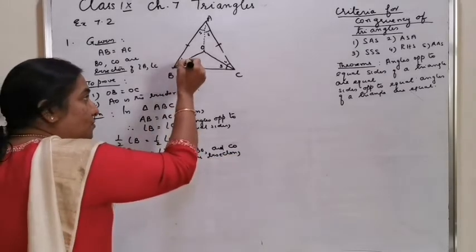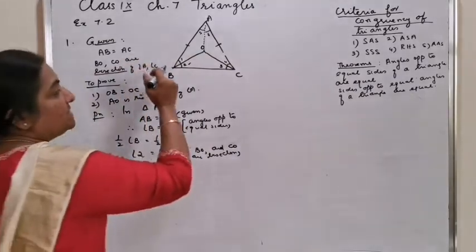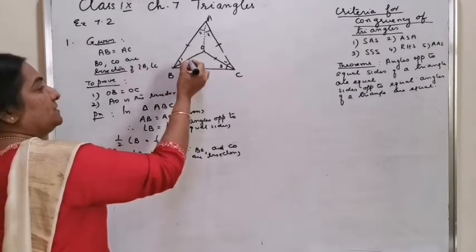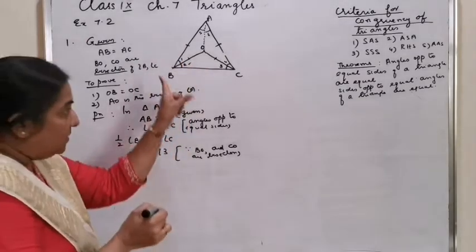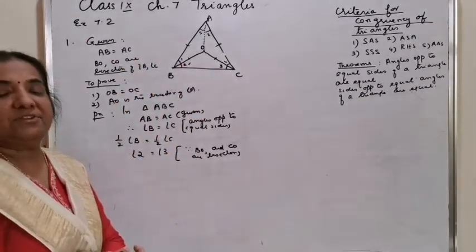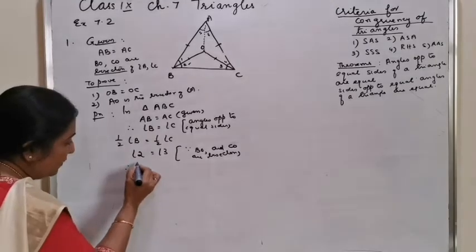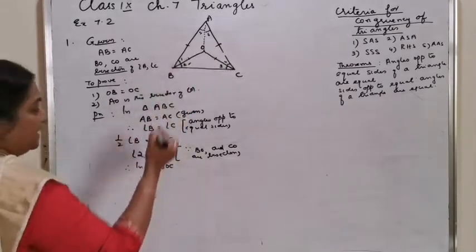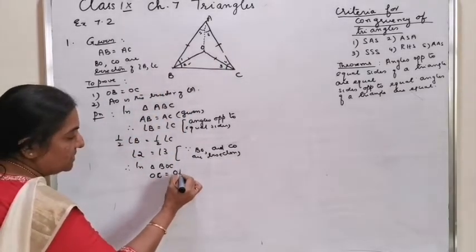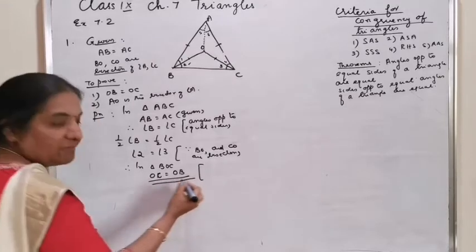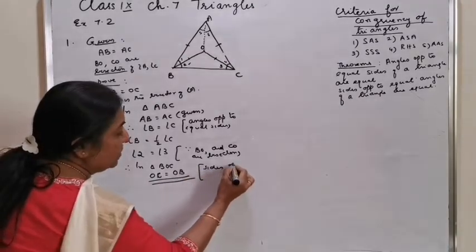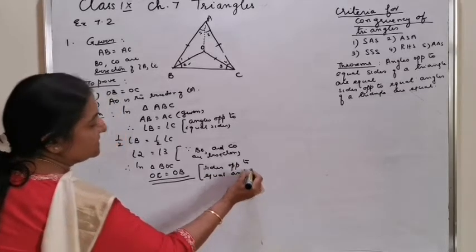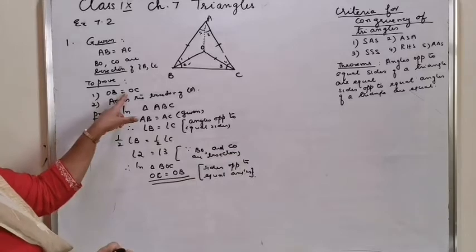If angle 2 and angle 3 are equal, which is the side opposite to angle 2, OC, which is the side opposite to angle 3, OB, in which triangle? The triangle is triangle BOC. Therefore, in triangle BOC, opposite to angle 2 is OC and opposite to angle 3 is OB, so OC is equal to OB. Here you can write the reason, sides opposite to equal angles. Therefore, the result 1 is satisfied.